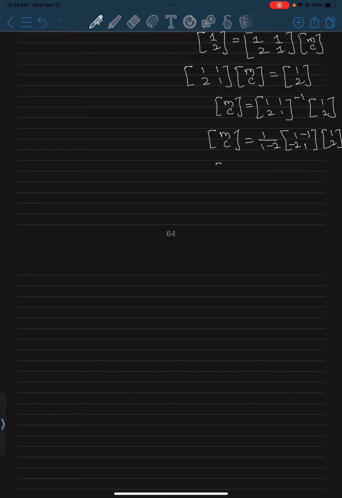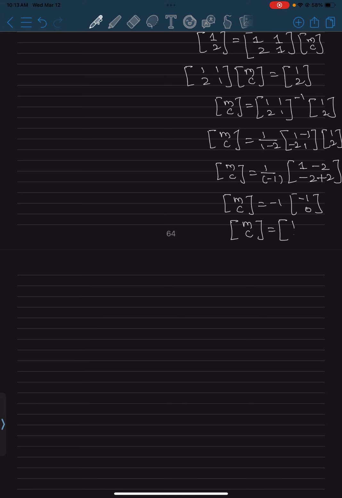And you get [m, c] as 1 by negative 1 times the product. If you just multiply these things, this will be 1 minus 2, negative 2 plus 2. So [m, c] is negative 1 times [-1, 0], and our [m, c] is just [1, 0].